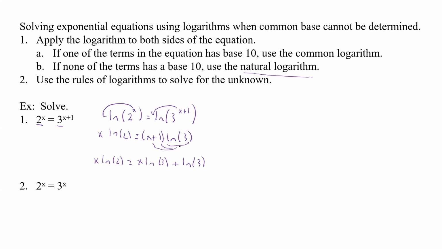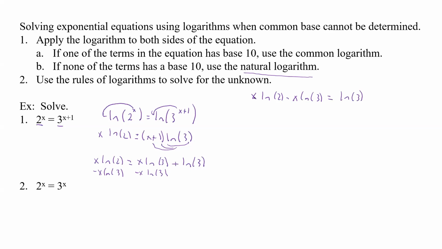So all we did is distribute over here to get rid of this binomial, and so we have something that looks like this. Now we want to get all the variable terms on one side, so I'm going to take them to the left. So I'm going to subtract x ln of 3 from both sides. So now I have x ln of 2 minus x ln of 3 equals, and then on the right, I just have ln of 3.